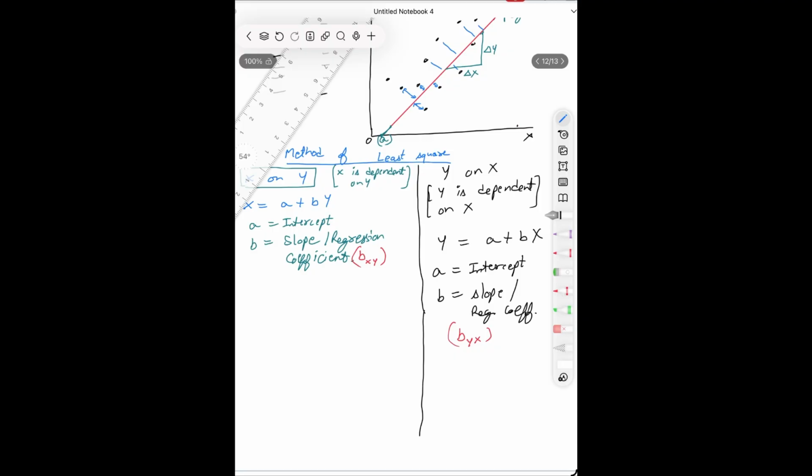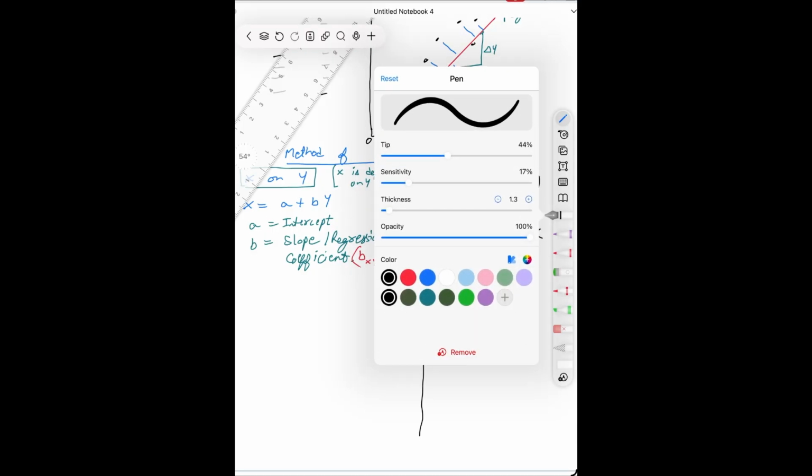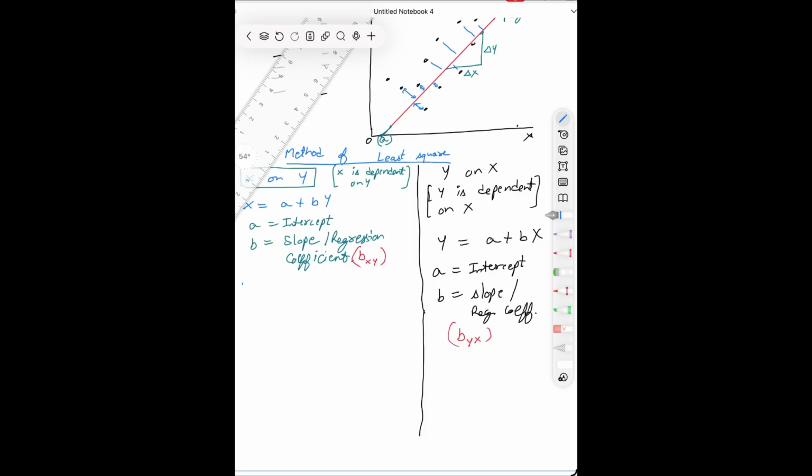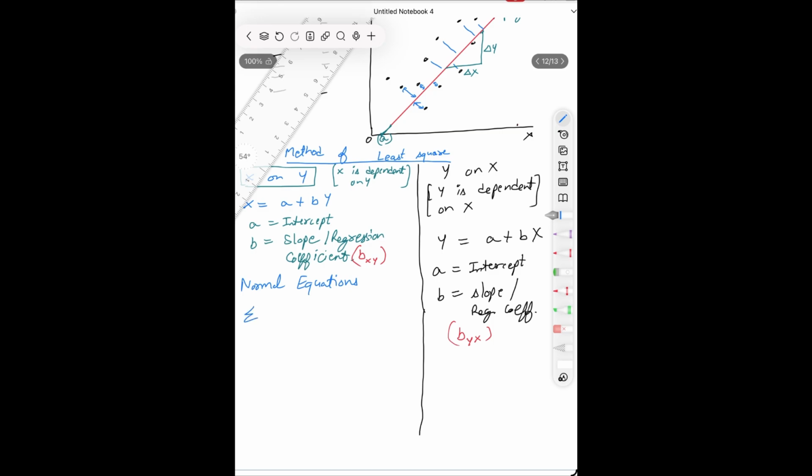We will be using two normal equations, which will be solved to find out the value of A and B. So these equations are sigma x is equal to NA plus B sigma y, and sigma xy is equal to A sigma y plus B sigma y square.